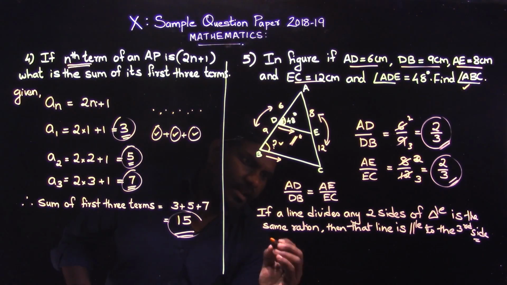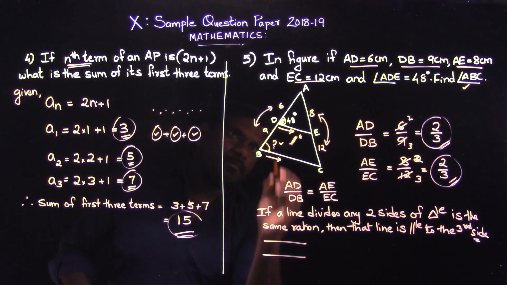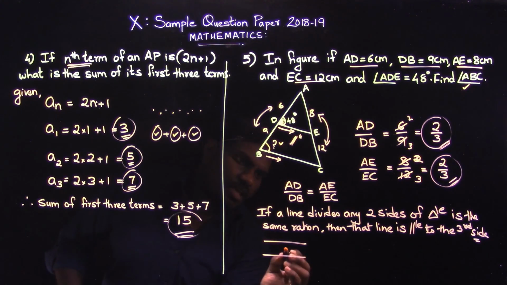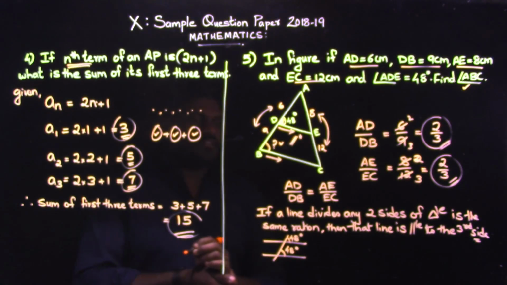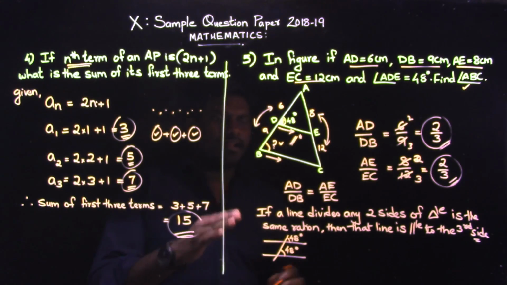Now when you see two lines are parallel and there is a transversal AB going through, where an angle of 45 is already made, you know that this angle will also be 45 degrees, isn't it? That's a property of parallel lines.